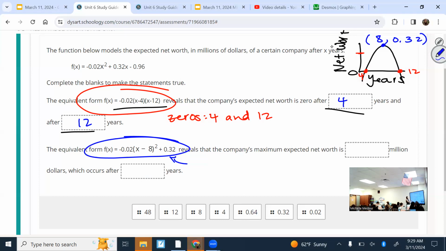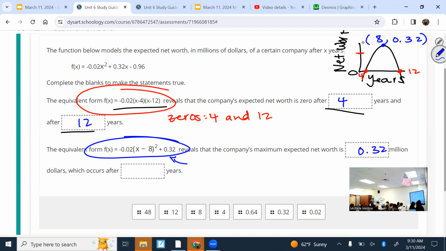So then I need to know what to put here. Which of those numbers is for net worth, 8 or the 0.32? So again, think what should go on the X and what should go on the Y. What's going to be the answer for this blank right here? Good, 0.32.